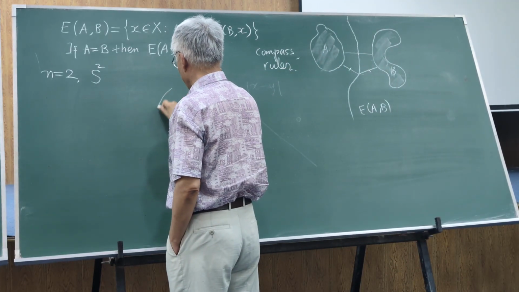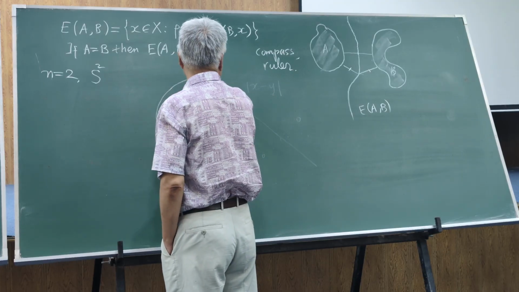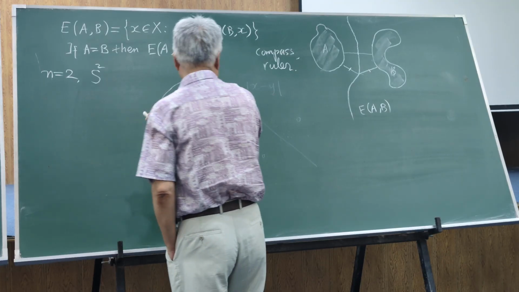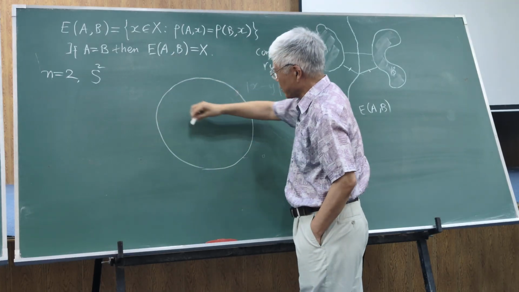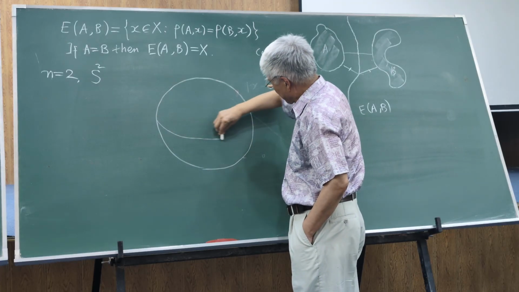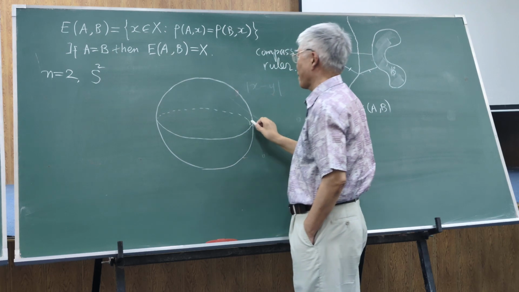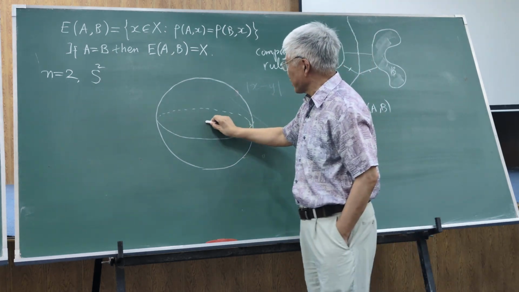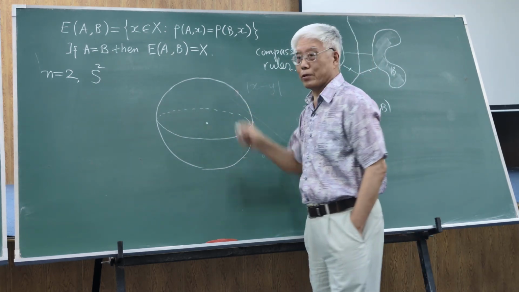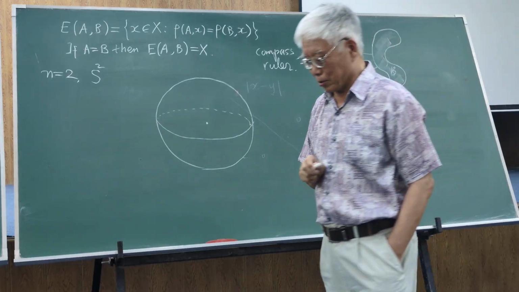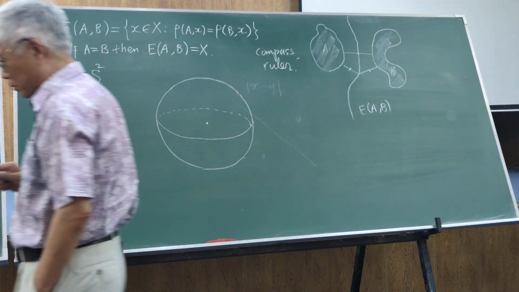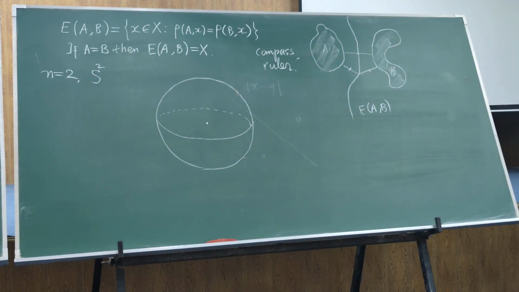Let me try, though I'm not good at hand drawing things. I can draw these things very nicely with a computer. There is a center, and we can even assume that the radius is 1. So it's x squared plus y squared plus z squared equals 1, for all those x, y, z in R3.